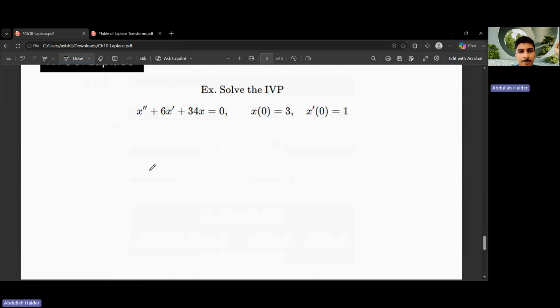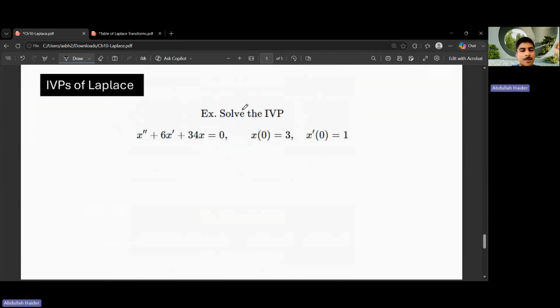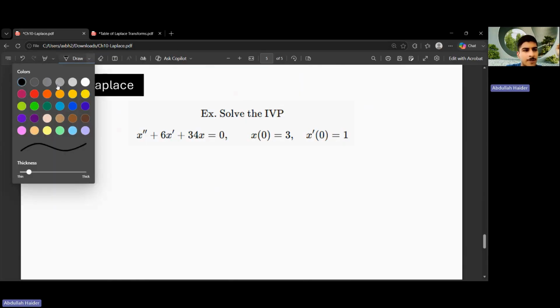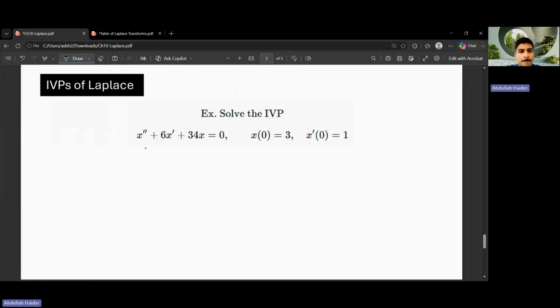So this is done, and now I think there's something different in this initial value problem. As I said before, you need to take the Laplace of both sides.